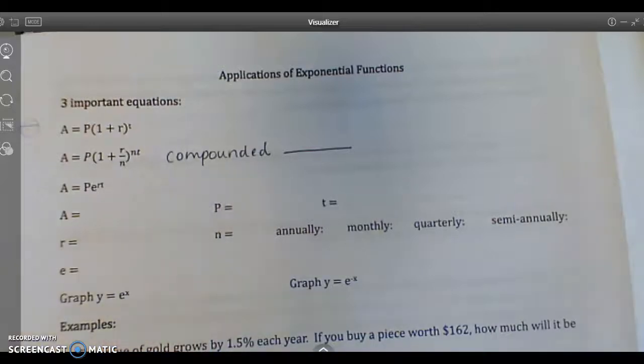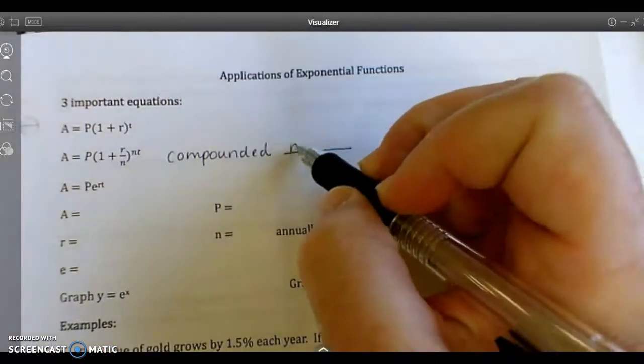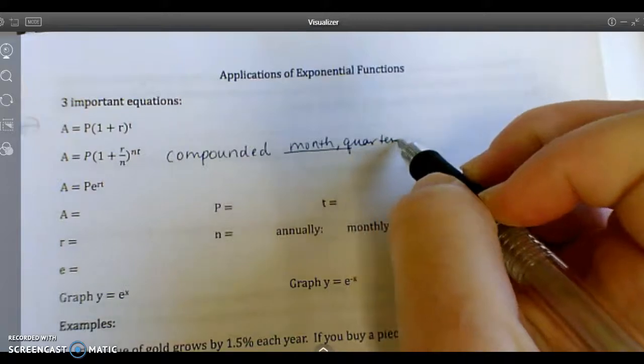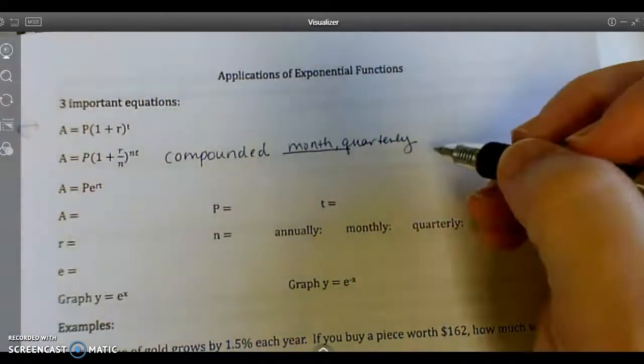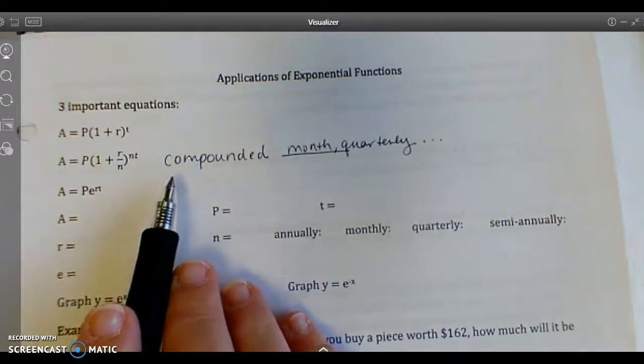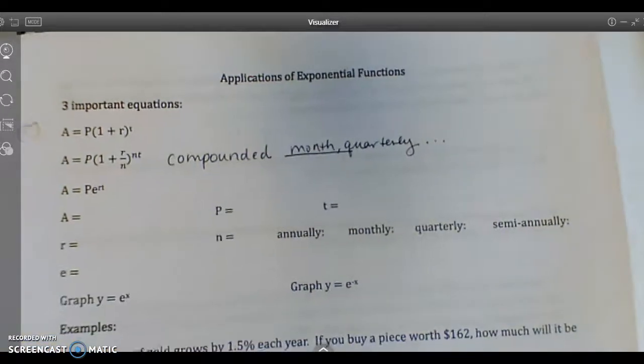But when it says compounded monthly, quarterly, pretty much anything but annually, this is the one that you're going to use. And it's a good one because you'll have more money than if it was yearly.